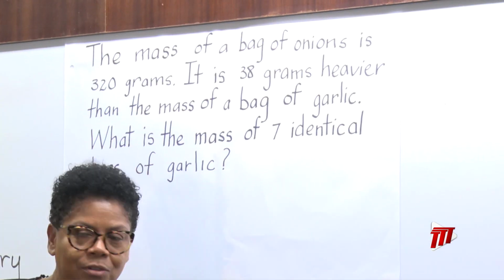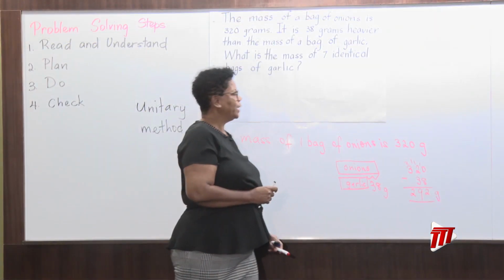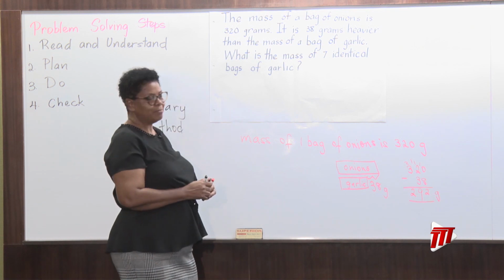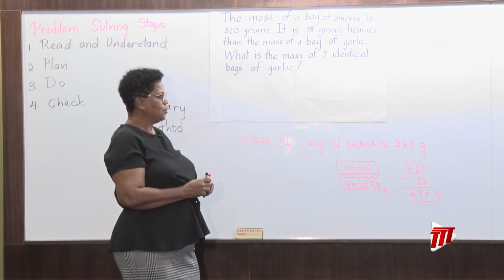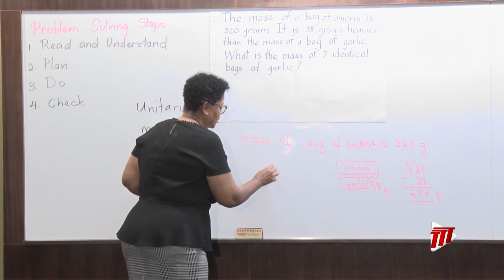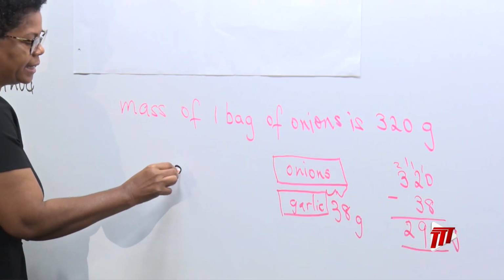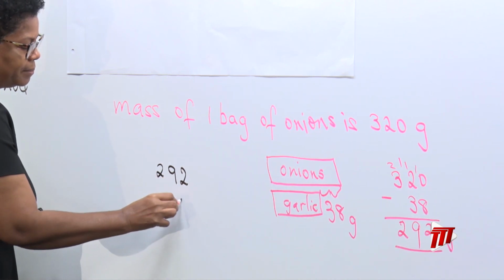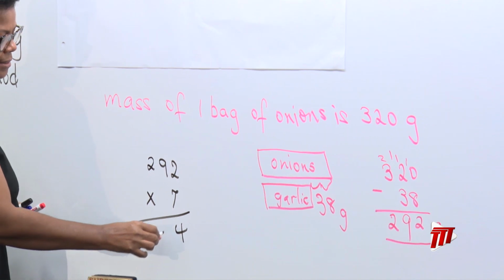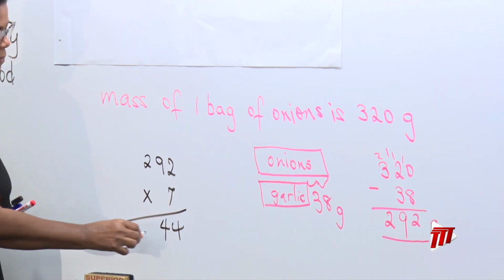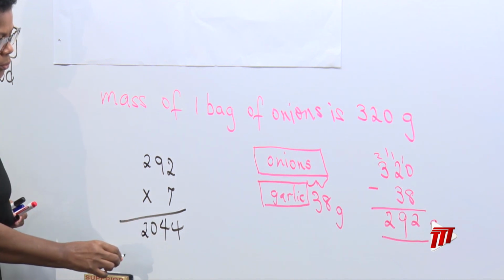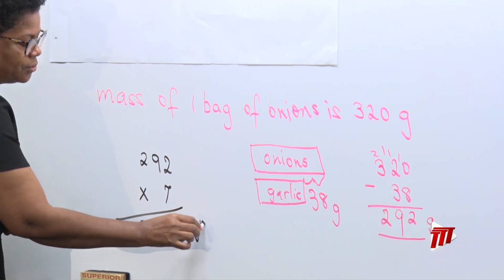Now we have the mass for 1 unit of garlic. We can find the mass for 7 units. And we find the mass by multiplying 292 grams by 7. 292 multiplied by 7. 7 2s are 14, 9 7s are 63, 64. 7 2s are 14, and 6 is 20.